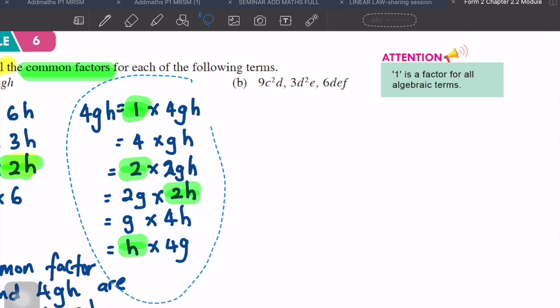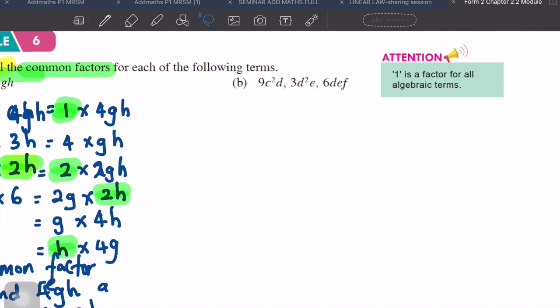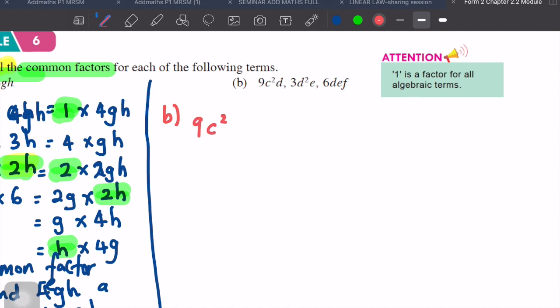Next, we try B. I'll move this over. We list down one by one. We have 9c square d.